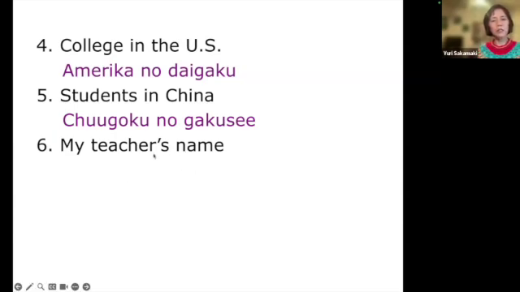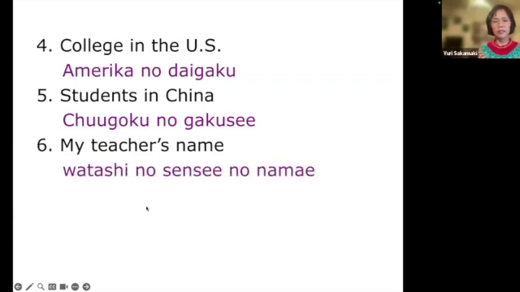And then in between sensei and the name, which is namae, you need no. So it's going to look like this. 私の先生の名前です. Maybe there's a name on the board and you know who that is. 私の先生の名前です.